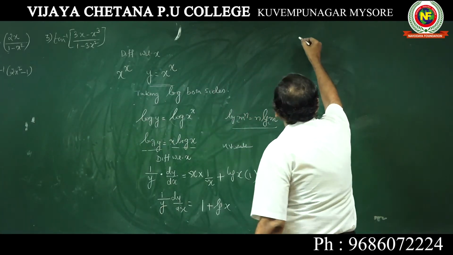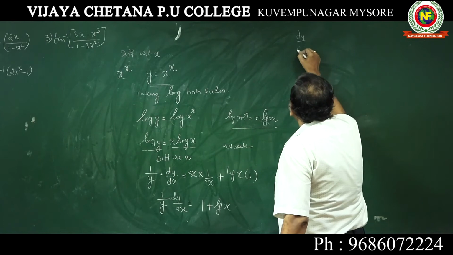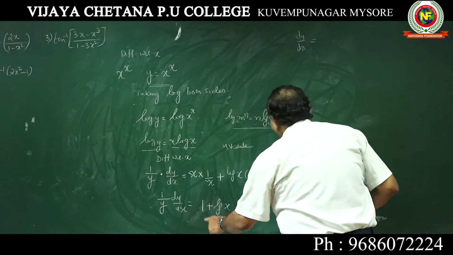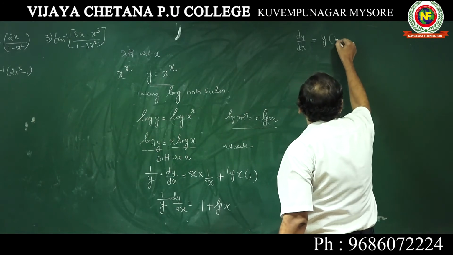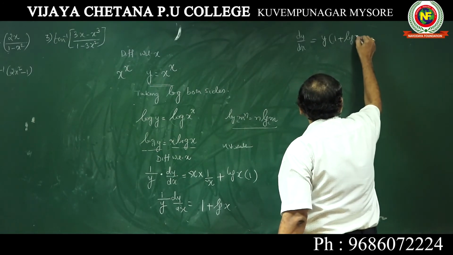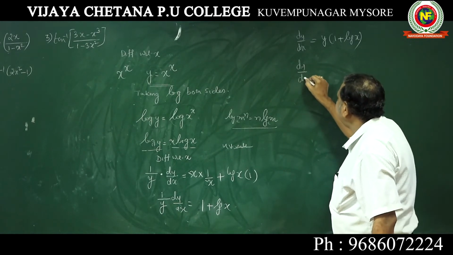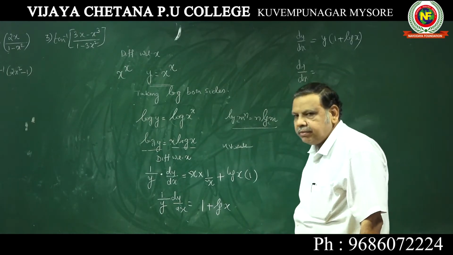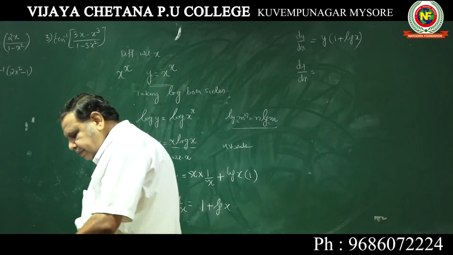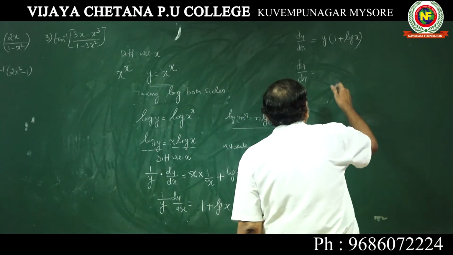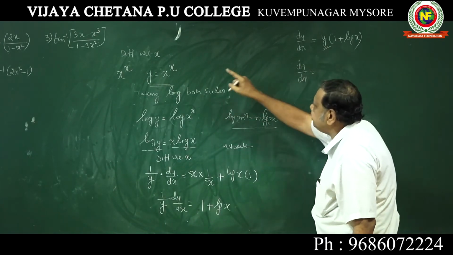Now dy by dx is equal to, this y will go up, cross multiply, y into 1 plus log x. Now a very important thing: many students stop at this stage and lose 1 mark, because if 3 marks are kept, you will lose 1 mark, since y has to be replaced by x. What is y?